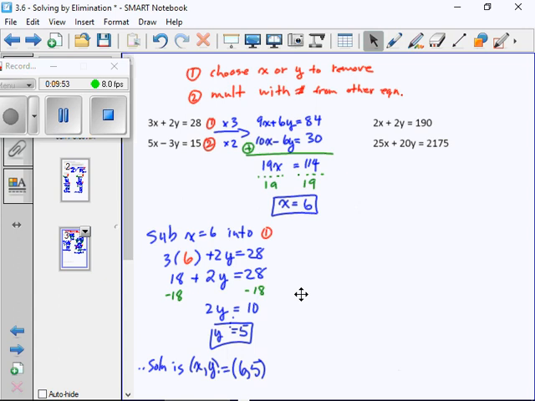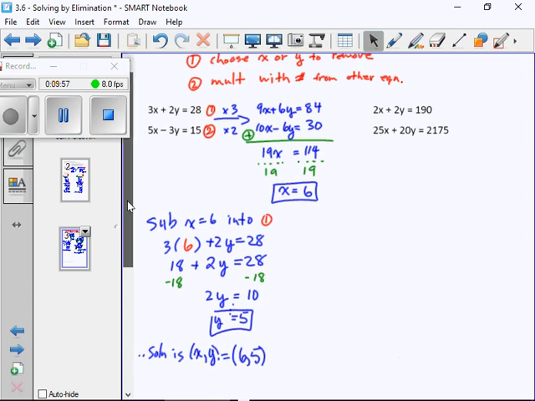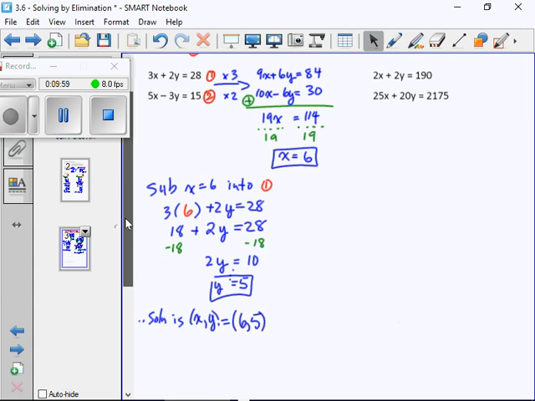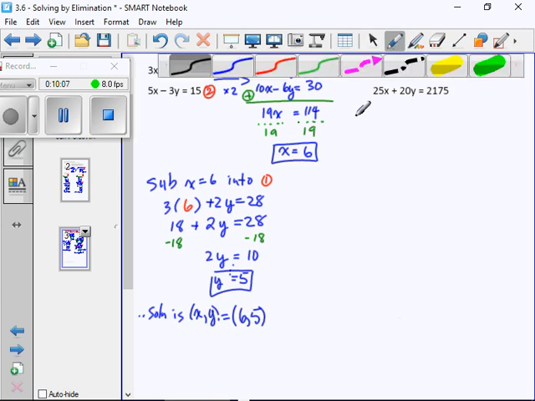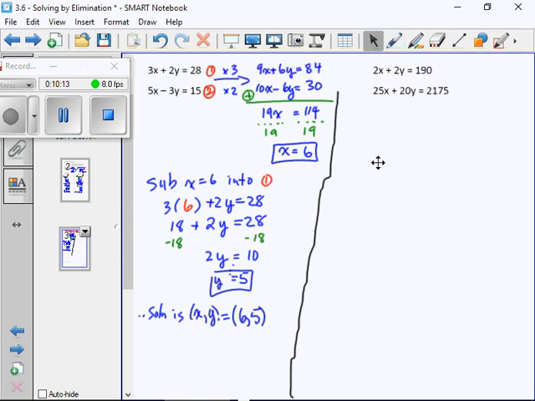So now let's take a look at this next problem. I'm just going to move this down a little bit, and then we're going to work through this. This second problem is 2x plus 2y equals 190, and 25x plus 20y is equal to 275.